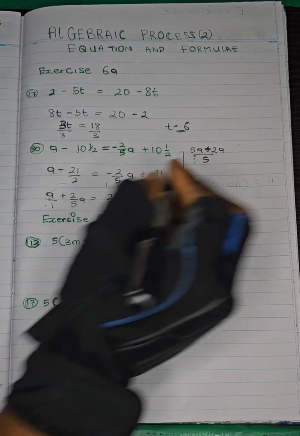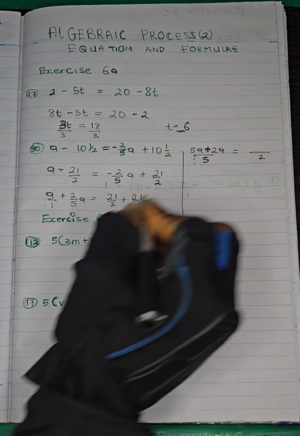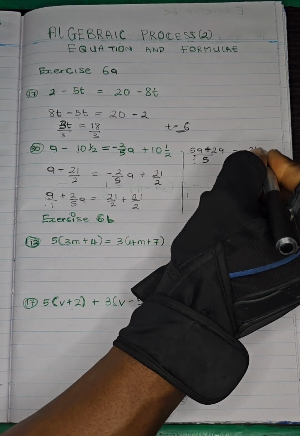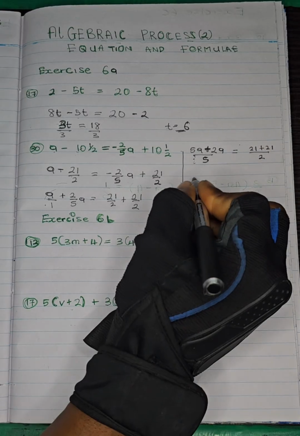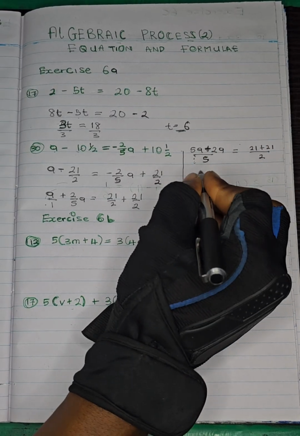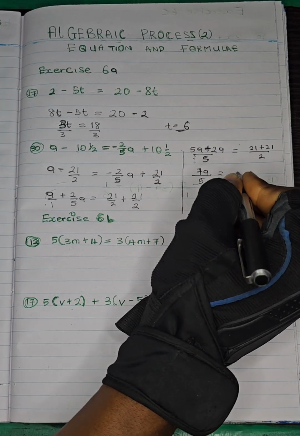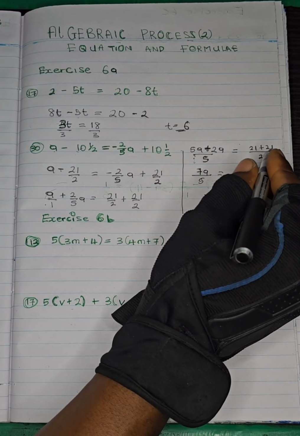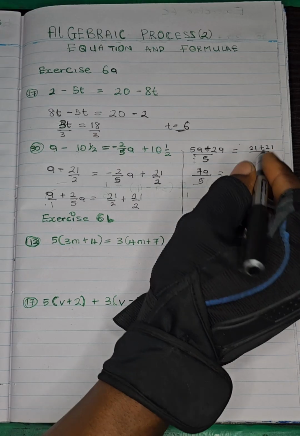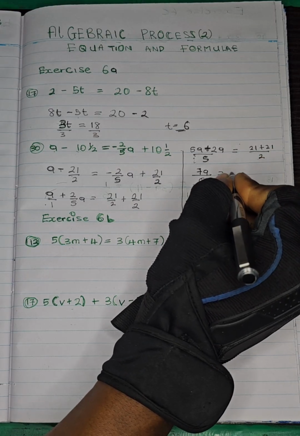That's this side of the equation, equal to this plus this. Both of them have the same denominator, so by the time you add it, it is 21 plus 21. So the other side of the equation, you have 7a over 5 is equal to what? 21 plus 21 will give you what? 42. Then 42 divided by 2 will give you what? 21.